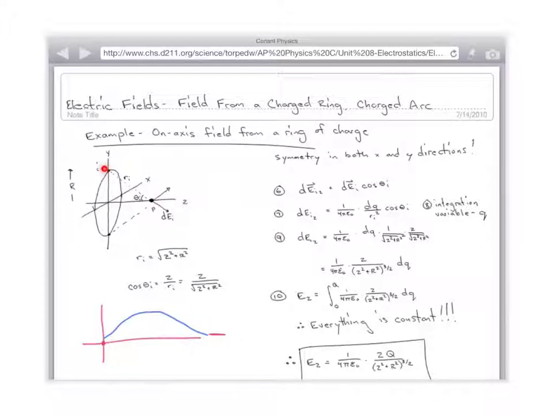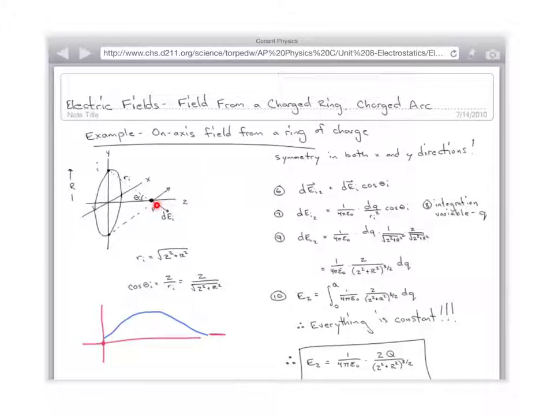You can just use the whole charge, because all of the charge is at a distance of Ri. Even though the charge is in different physical locations, it's all the same distance away from P. So you don't actually have to integrate at all for this problem.